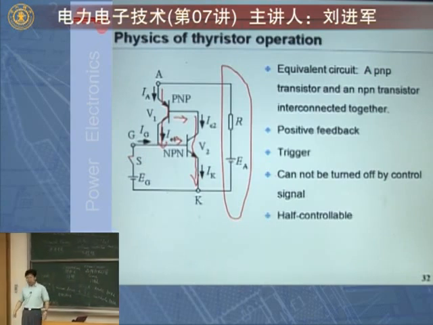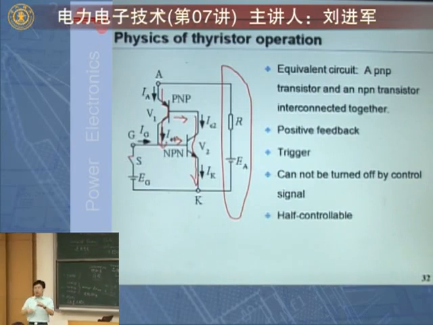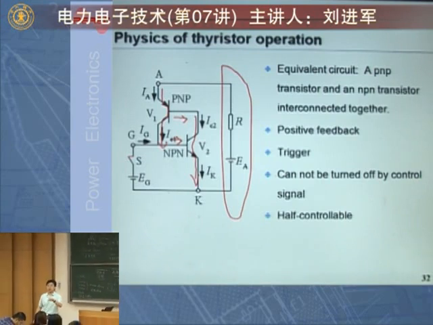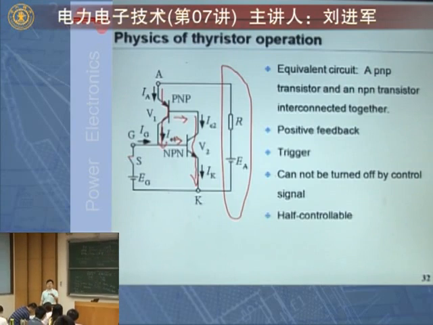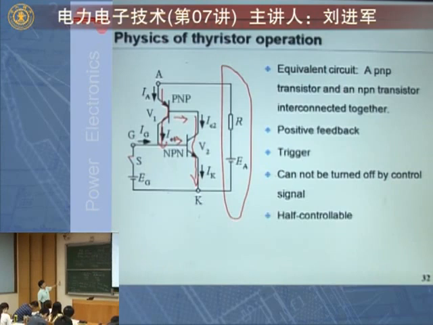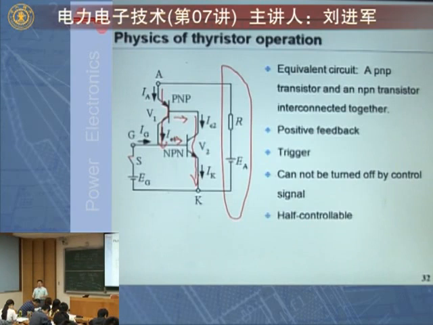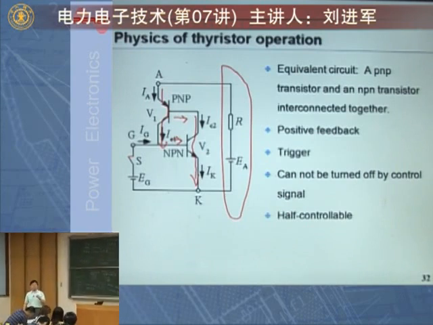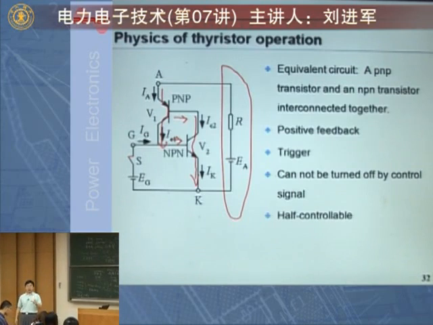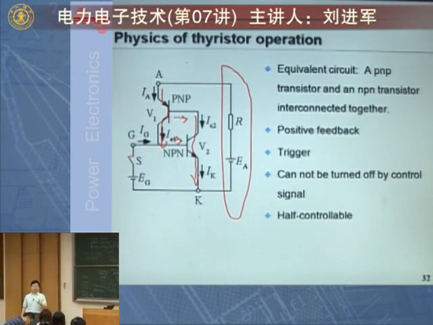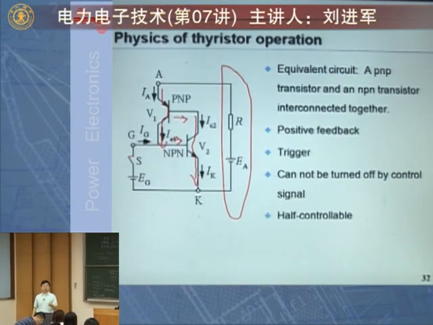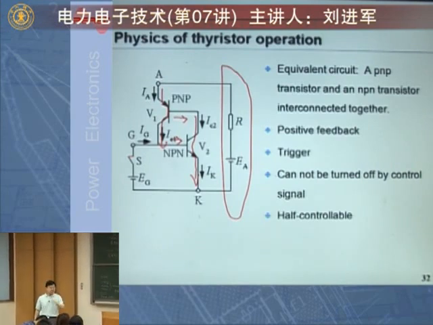In the saturation area, the current flowing through the transistor is very large, but the voltage is very small. Saturation voltage is very small. So both these two transistors will be driven to the saturation area, and you can allow very large current to flow through, but the voltage is very small. So just like a switch turned on. Okay?